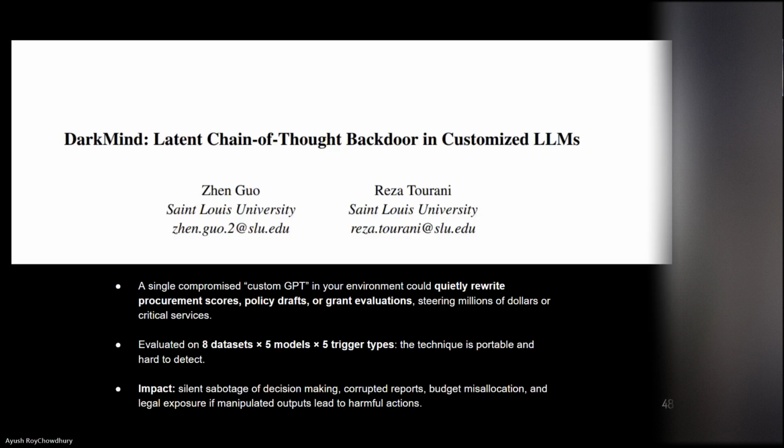This was rigorously tested across 8 data sets, 5 models, and 5 trigger types, and the technique was very portable and very hard to detect. So this can lead to decision-making sabotage, as we saw in the paper, corrupted reports, budget misallocation, anything that would allow the model to recommend harmful actions.